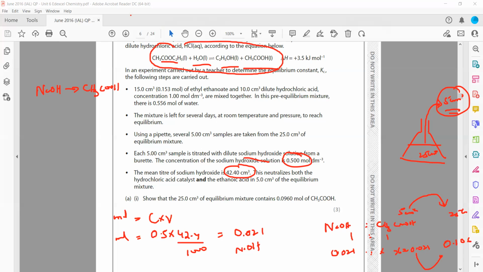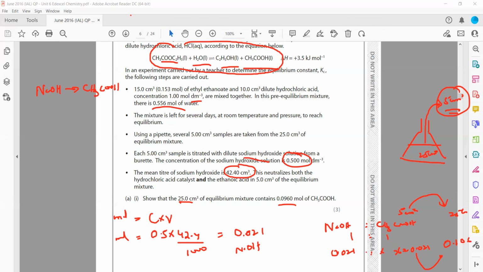And now in the question, as we mentioned already, before the equilibrium was reached, we had 0.556 moles of water and 0.153 moles of ethyl ethanoate. First, we have to show that 25 cm cube contains 0.096, so we have to show that this answer is 0.096. So how can we show it?